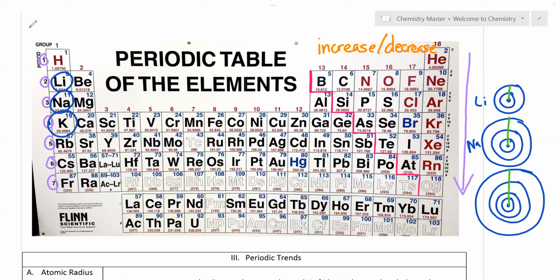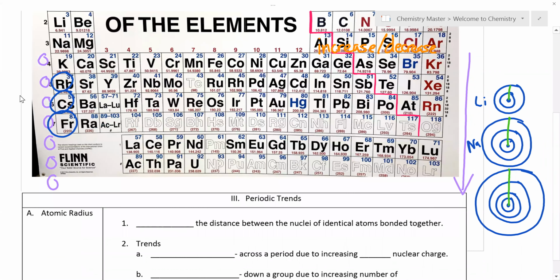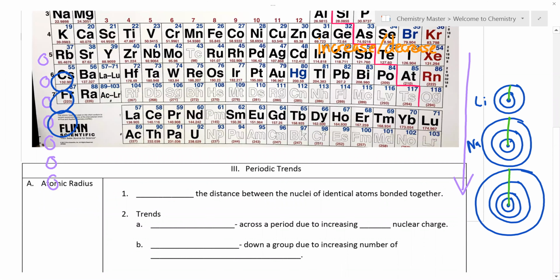As you go down a group or a family, the atomic radius increases. So let's fill that in. This is usually the easier of the two to figure out. I know my circles are still there, but that's okay. We're filling in B because this is going down a group.